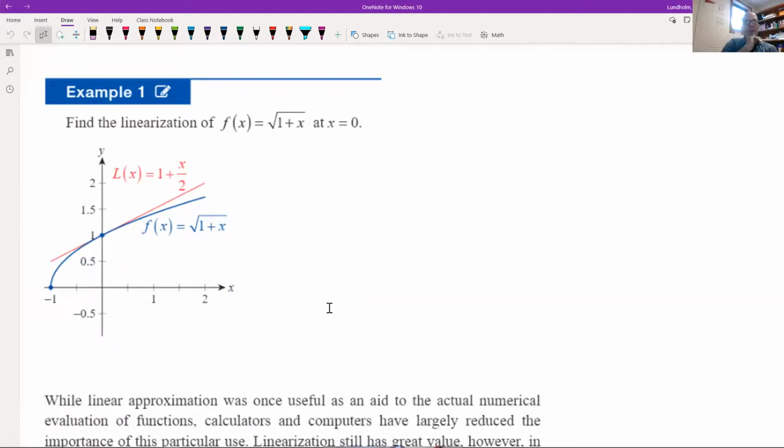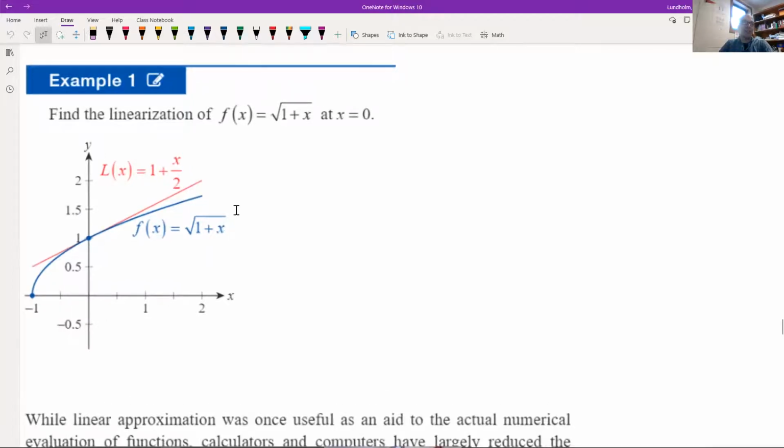Example number 1. Find the linearization of f of x at x equals 0. Don't worry too much about this because a linearization is just the equation of the tangent line. Honestly, I copied this picture in and the equation's already there. But I think it would be good for us to actually figure this out.